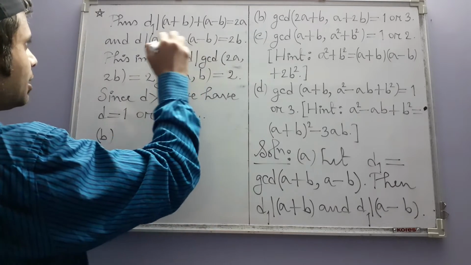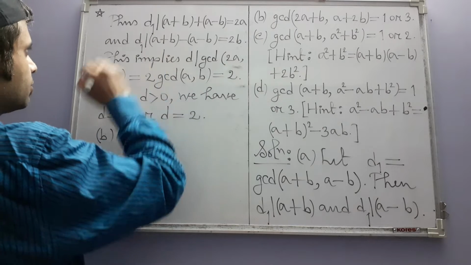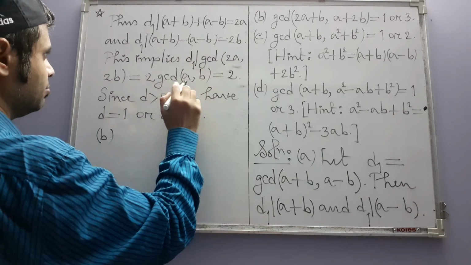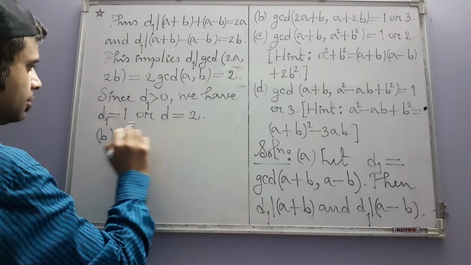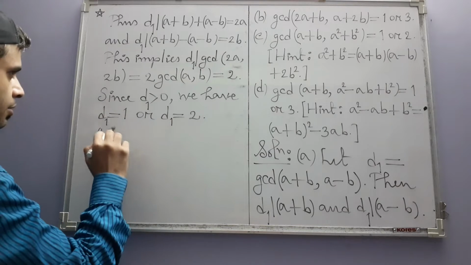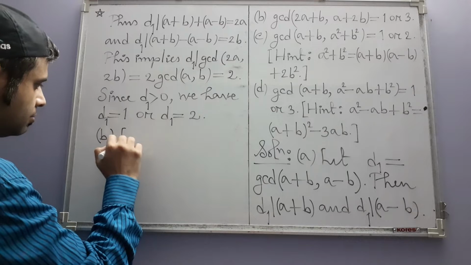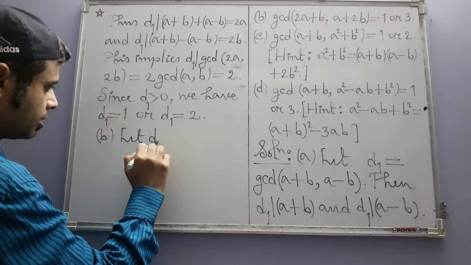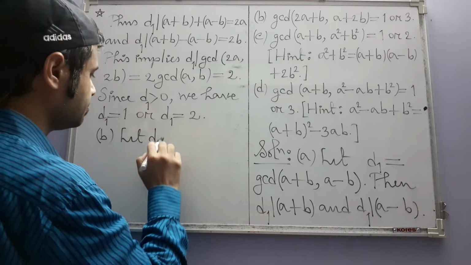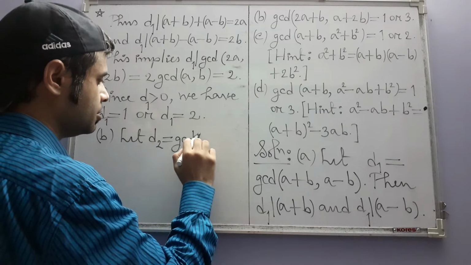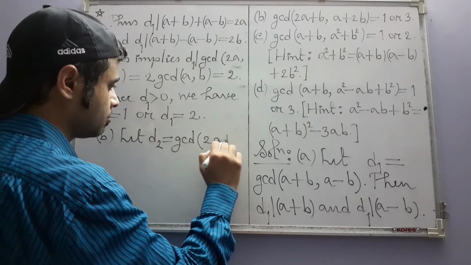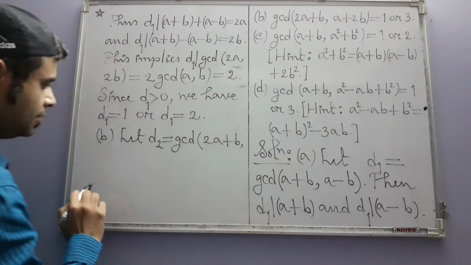Different parts of course, but still, so we are going to name them differently. Okay, so now part B. Let D2 be the GCD of 2a plus b and a plus 2b.